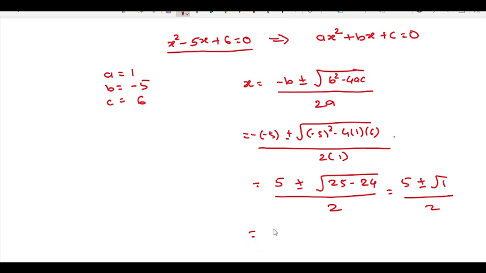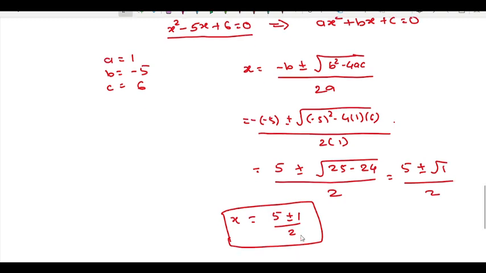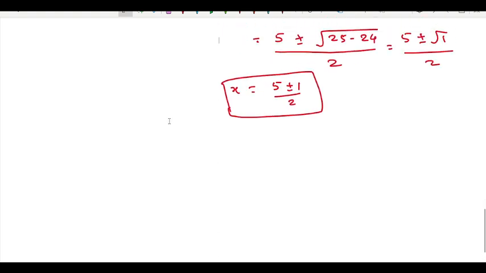So this will be 5 plus or minus root 1, which is nothing but 1, upon 2. So the value of x is this. Now what will we do? Value of x is 5 plus or minus 1 upon 2. We will again separate. x is equal to 5 plus 1 upon 2, or x is equal to 5 minus 1 upon 2.